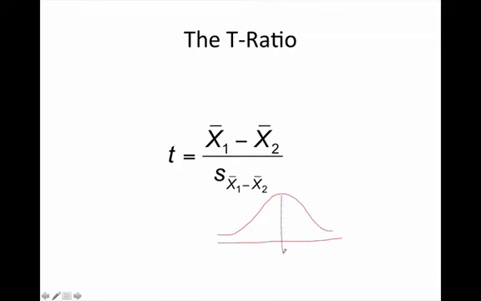whatever the result of that t-ratio is, okay, remember that this is a t distribution with a mean of 0 and a standard deviation of 1. Whatever the result of this division is what I plot along this axis.